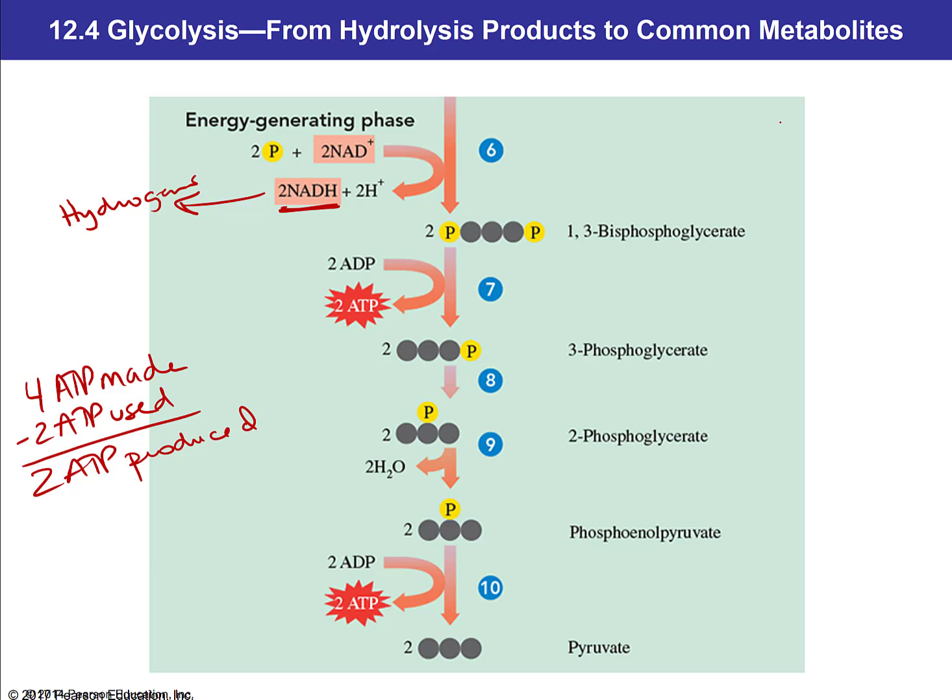This all happens in the cytoplasm. This requires no oxygen. They call this an anaerobic step, so you can actually do this without having oxygen. This is an anaerobic process. You don't see O2 used anywhere in here.